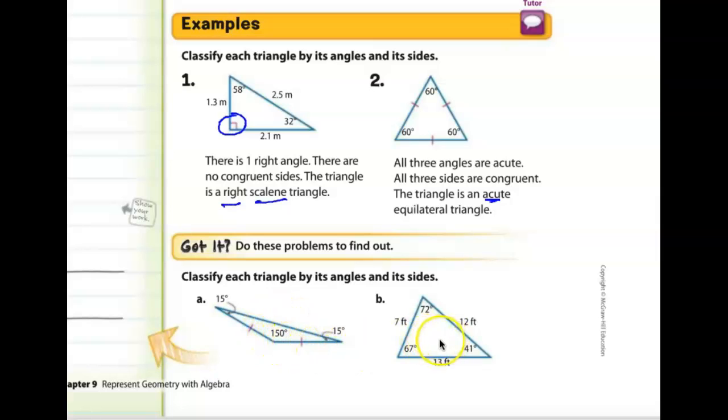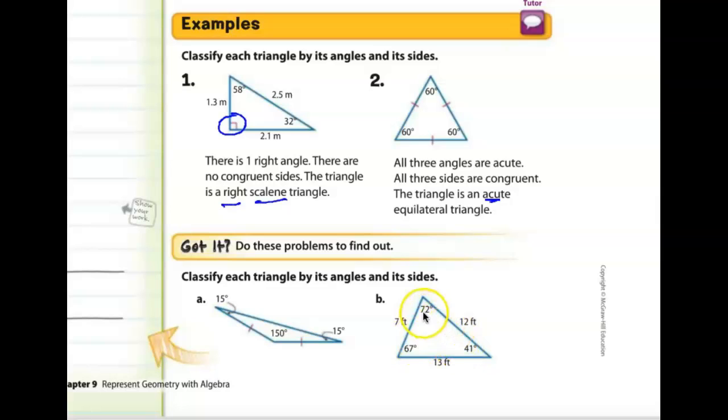In the second example, you notice that all three sides have different lengths. So what kind of triangle does that make it by its side? Answer that, please. That's definitely a scalene because all three are different measures. And if I'm looking at each angle, 72, 67, 41, they are all individually less than 90 degrees.